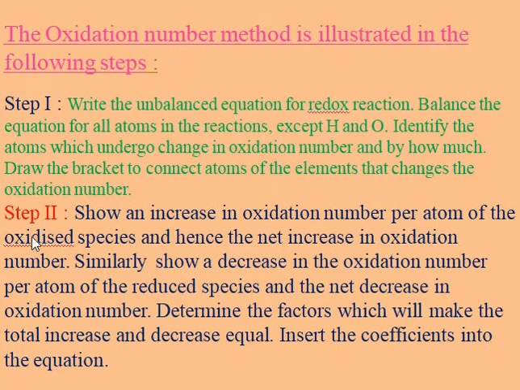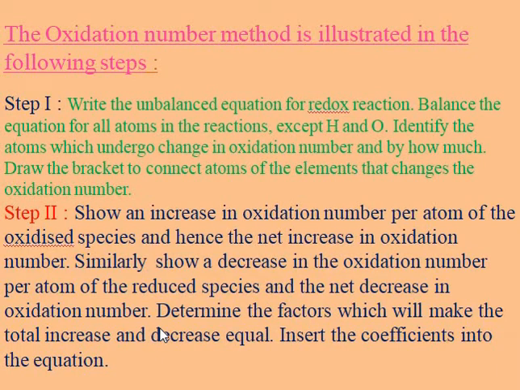The second step: show an increase in oxidation number per atom of the oxidized species, and hence the net increase in the oxidation number. Similarly, show a decrease in oxidation number per atom of the reduced species and the net decrease in the oxidation number.